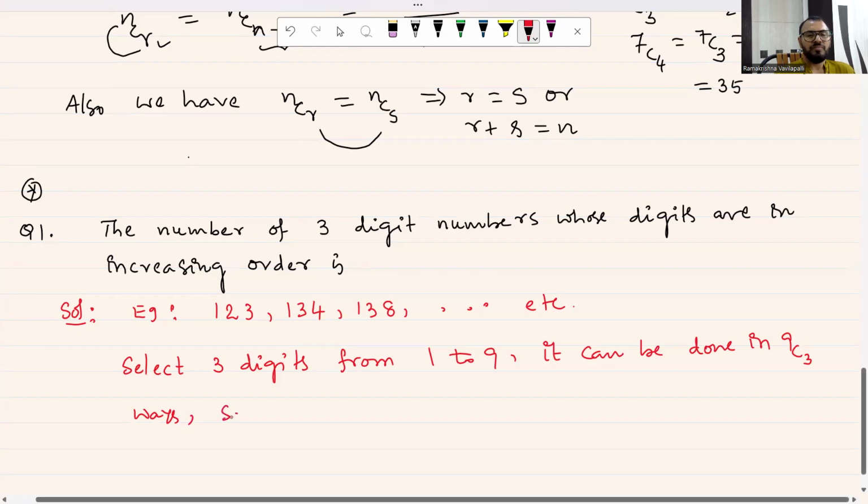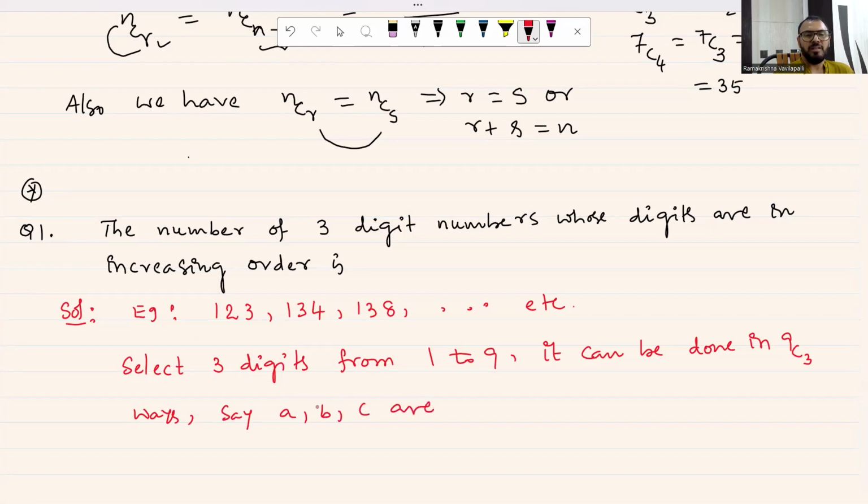Say a, b, c are the selected digits, where a is less than b, which is less than c. Like 1, 2, 3.